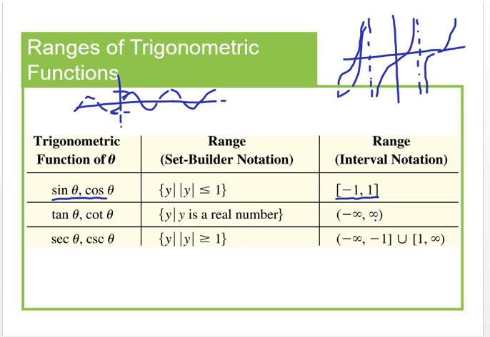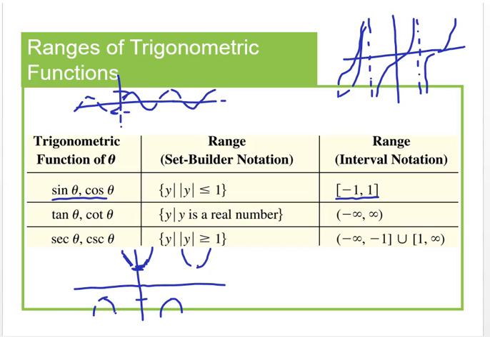And then secant and cosecant, the graph of that looks similar to this. It's going to have a curved portion here, and then down here, again up here, and it's going to keep that pattern too.